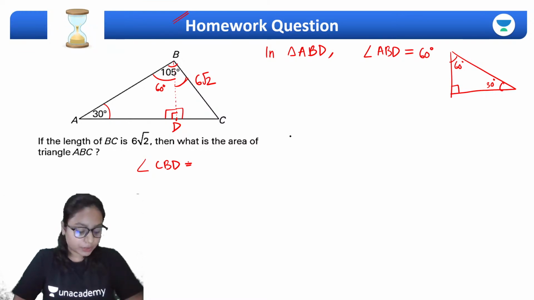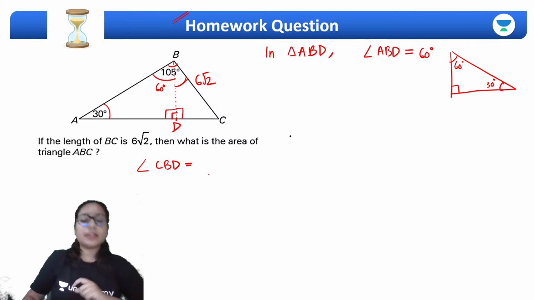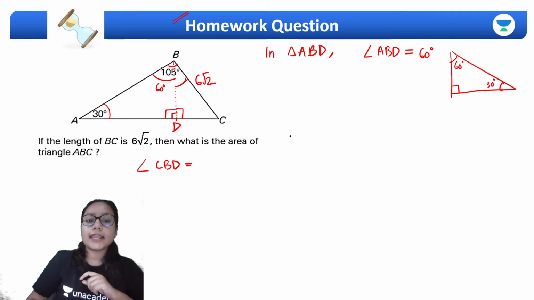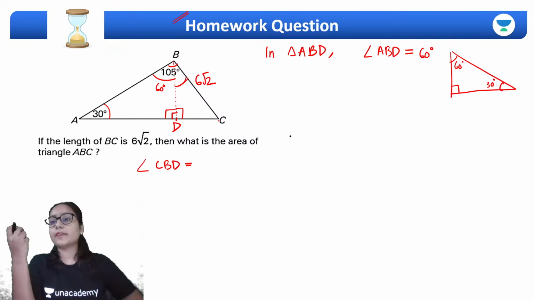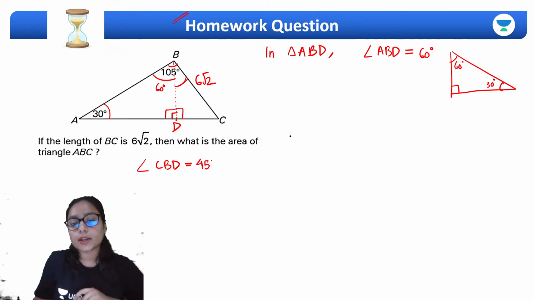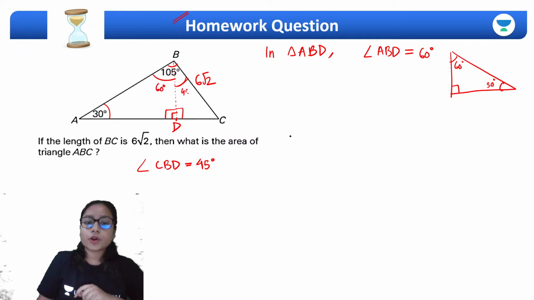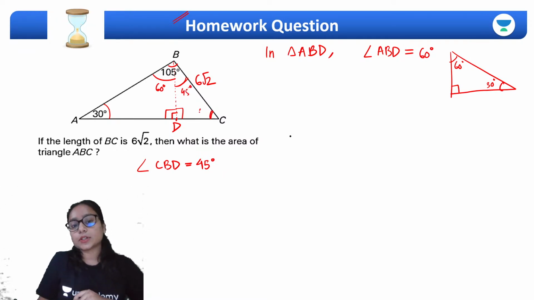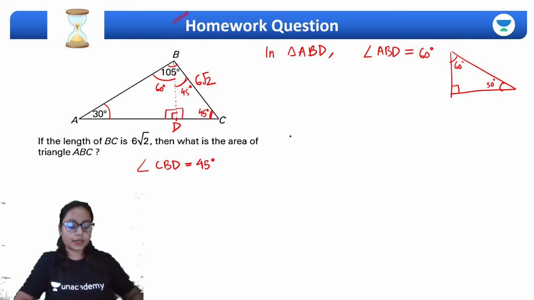Angle ABC is given as 105, so 105 minus 60 degrees. So angle CBD is 45. If this is 45, it means this angle is also 45 as it is a right angle triangle.